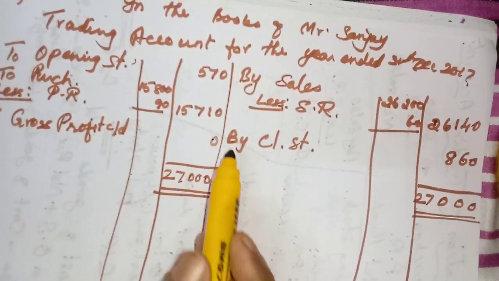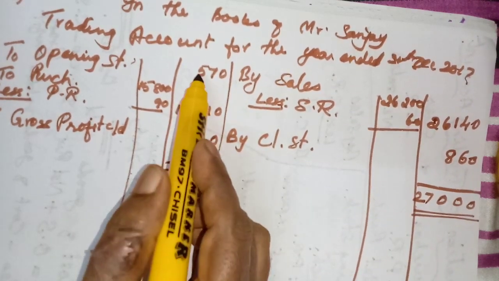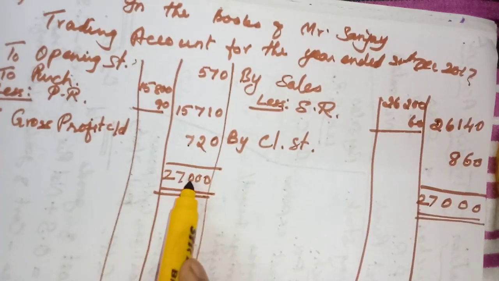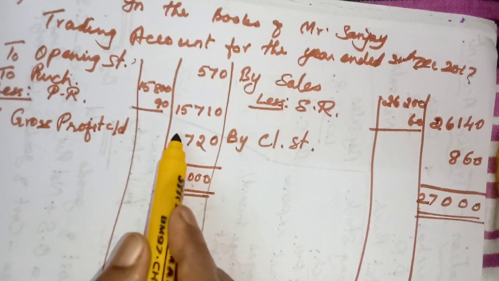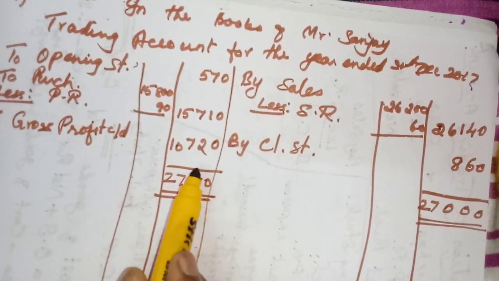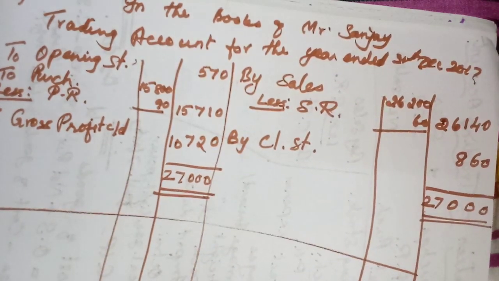Balance and write: 7, 8, 2, 10, balance 1, 6, 13, 13 plus 7, 20, balance 1, balance 2, 7, 0, 1. So 10,720. This is the answer. Okay, trading account.